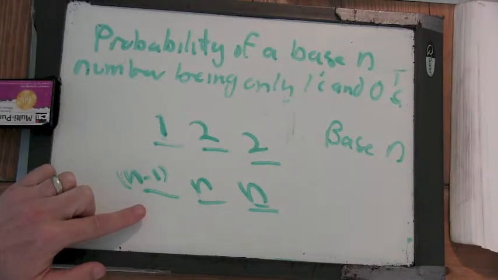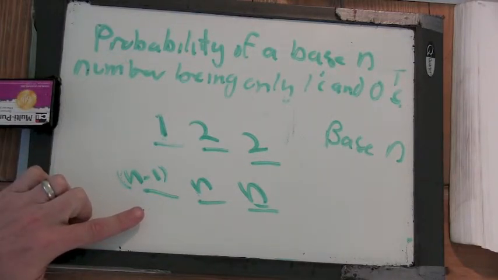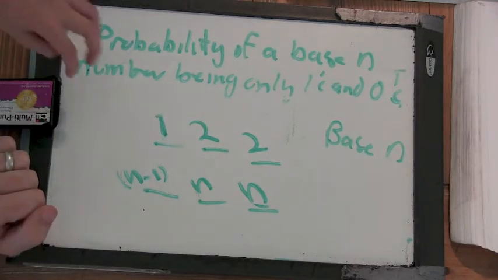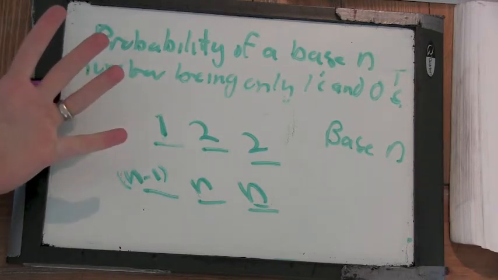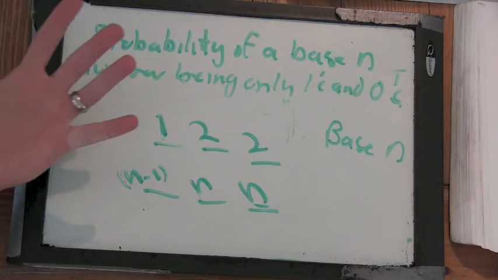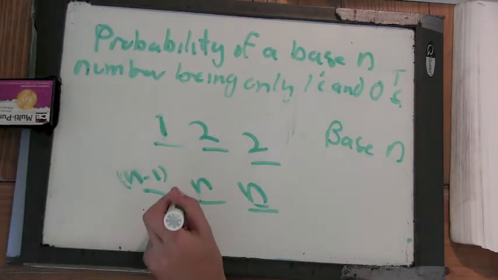So what are our digits in base 5? You can use 0, 1, 2, 3, or 4. But what's special about the first digit? You can't use 0. That's why it's n minus 1.